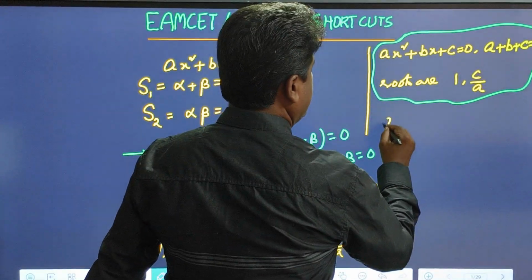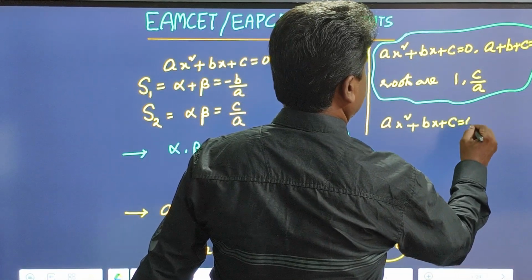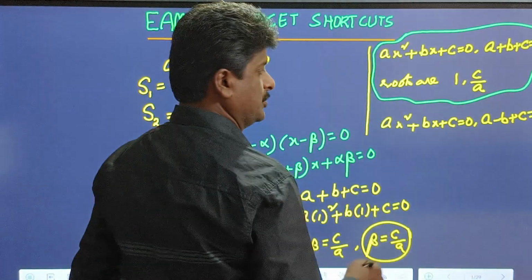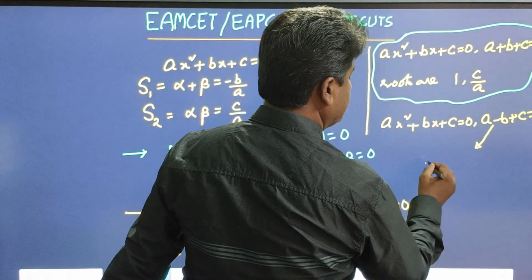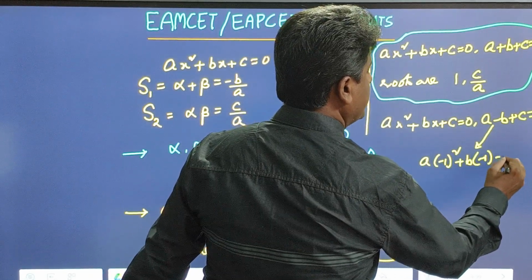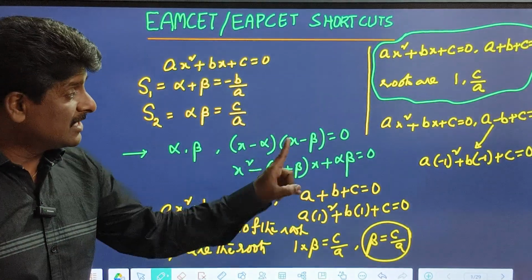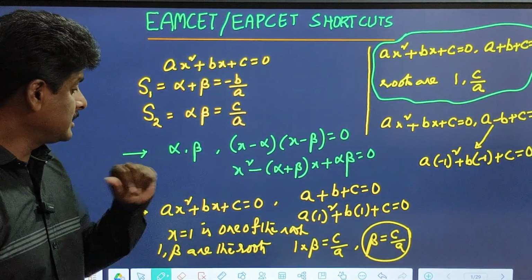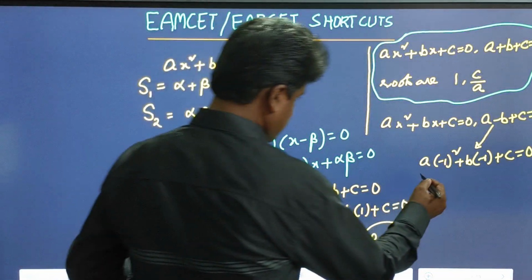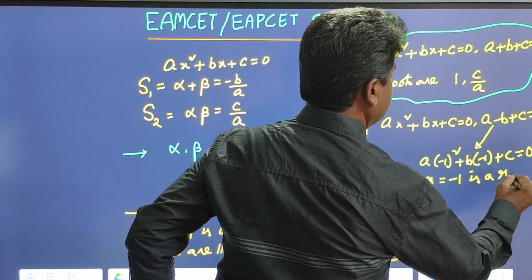In the same way, ax square plus bx plus c is equal to 0, along with the condition a minus b plus c is equal to 0, we can develop this by writing a into minus 1 whole square plus b into minus 1 plus c is equal to 0 without loss of generality. That is also looking like ax square plus bx plus c is equal to 0. Do observe that x is equal to minus 1 is a root.